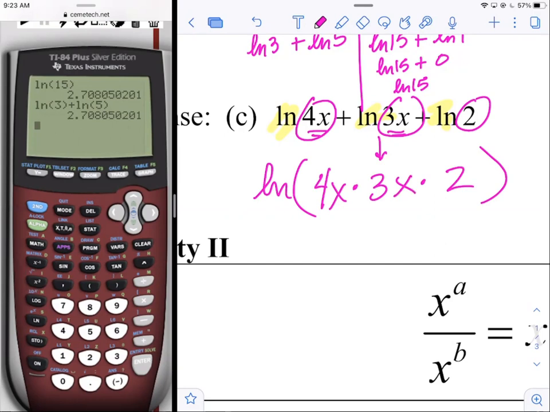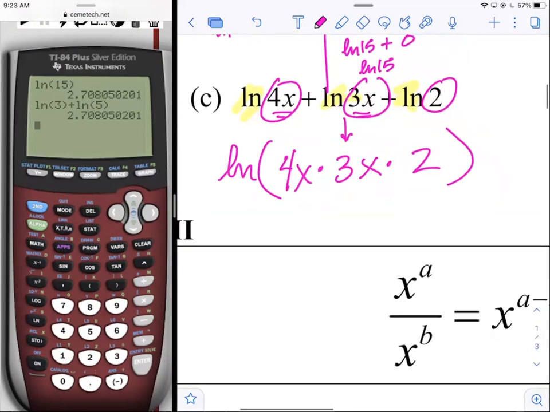And now that they're multiplied together, can we simplify the argument further? Yes, you can turn the 4x and the 3x into a 12x squared. And then what about this lonesome 2 out here who's now feeling left out? We can get him involved and call it 24, can't we? 4 times 3 times 2 is 24. X times x is x squared.